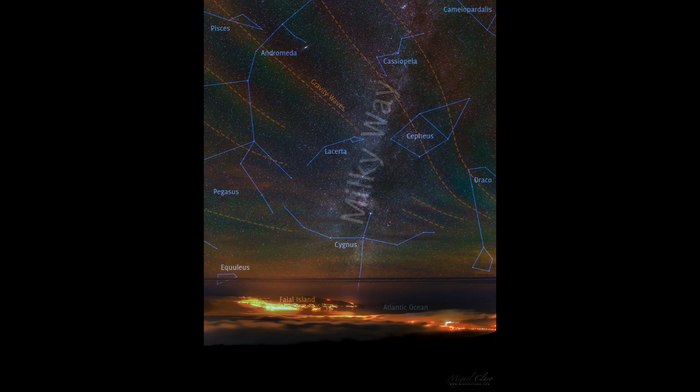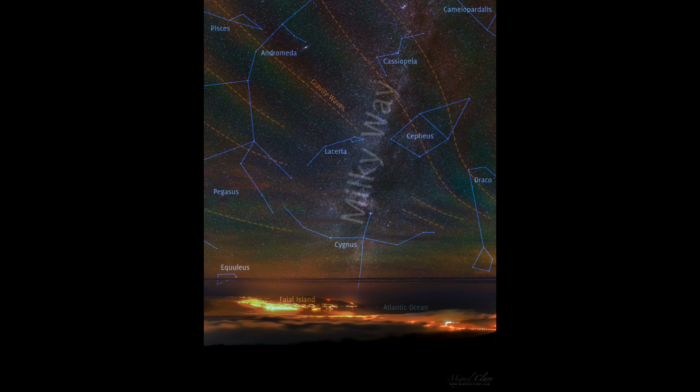We also see Andromeda and Pegasus off to the left-hand side, including the Andromeda Galaxy right there just at the end and slightly above the word Andromeda. That is the nearest large spiral galaxy to our own. And that's not the only galaxy in this image, as we also see our own Milky Way stretching from the bottom center up toward the upper right of the image.